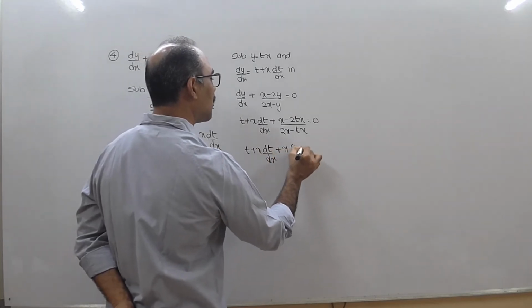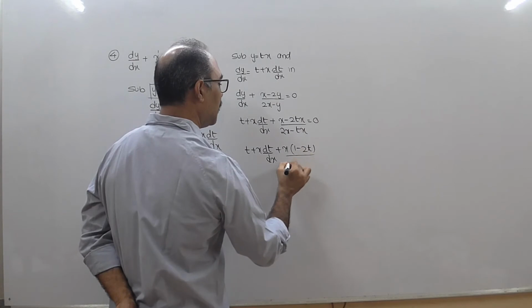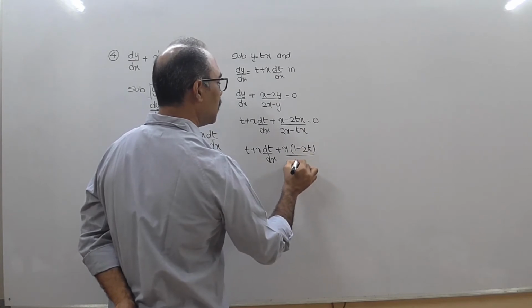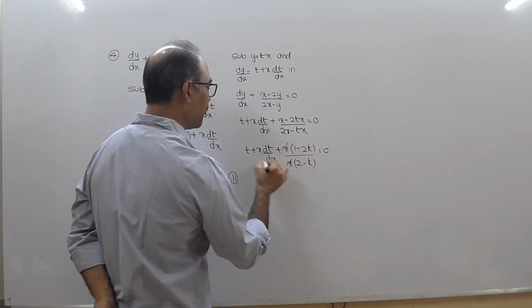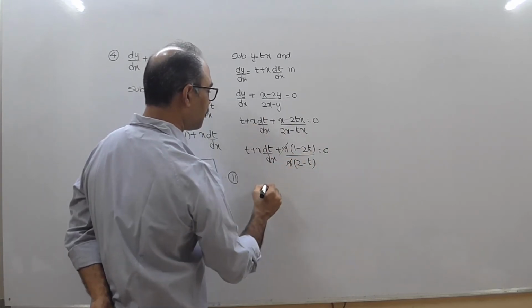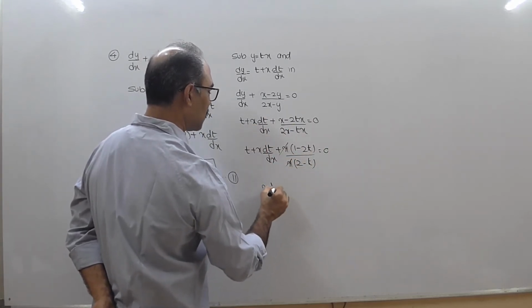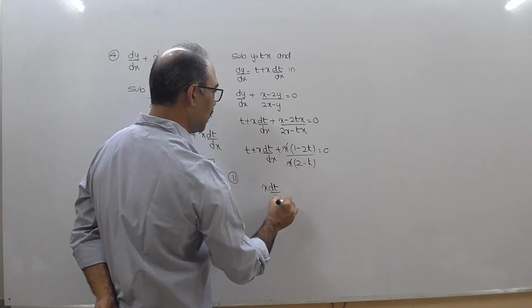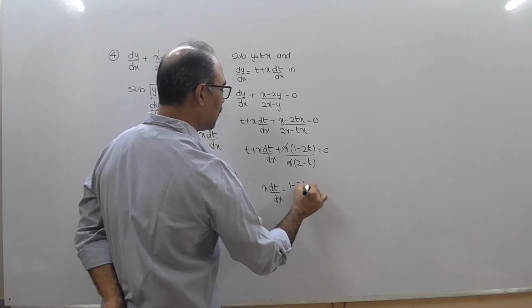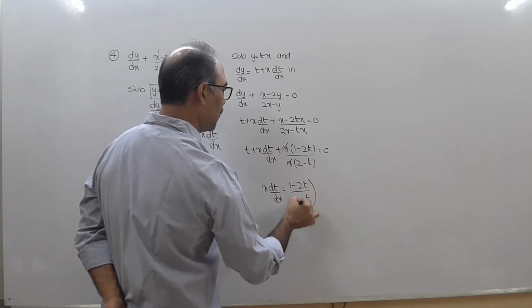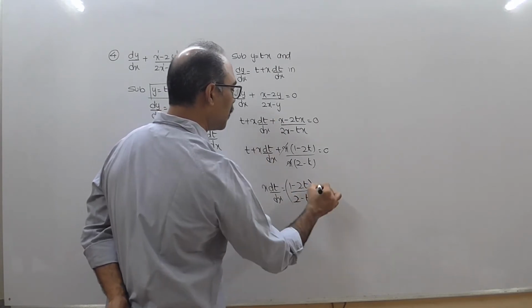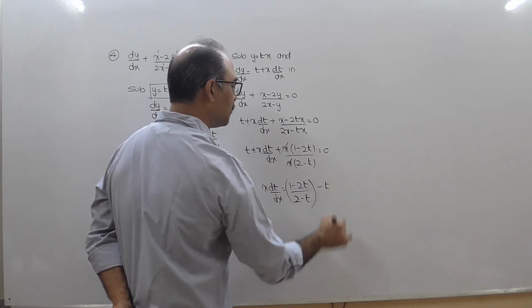Take x common, you get 1 minus 2t, and you take x common, you get 2 minus t, and that is equal to 0. It got cancelled. Now do one thing, take t to the other side, so we get x dt by dx equal to (1 minus 2t) upon (2 minus t) in a bracket, and t going to that side will become minus t.